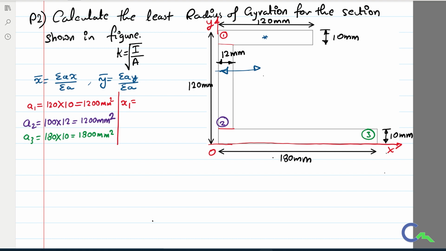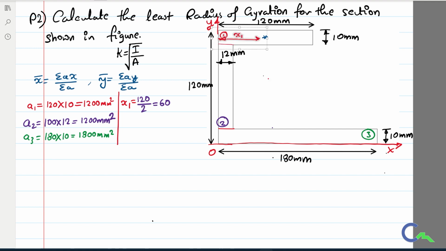This is the x1 distance. If you want to find that particular distance, that is nothing but 120 divided by 2. Overall it is 120, so divided by 2 will give the x1 distance. Therefore 120 divided by 2, that is 60 mm, is the x1 distance. Now the x2 distance is the distance from the OY reference axis to the centroid of the second figure.